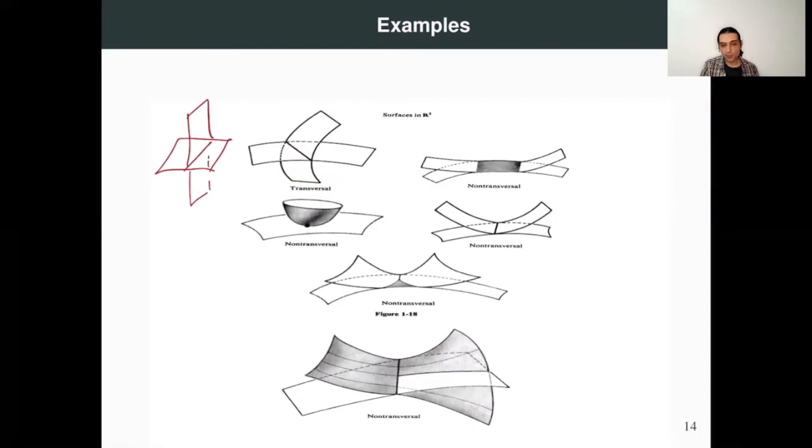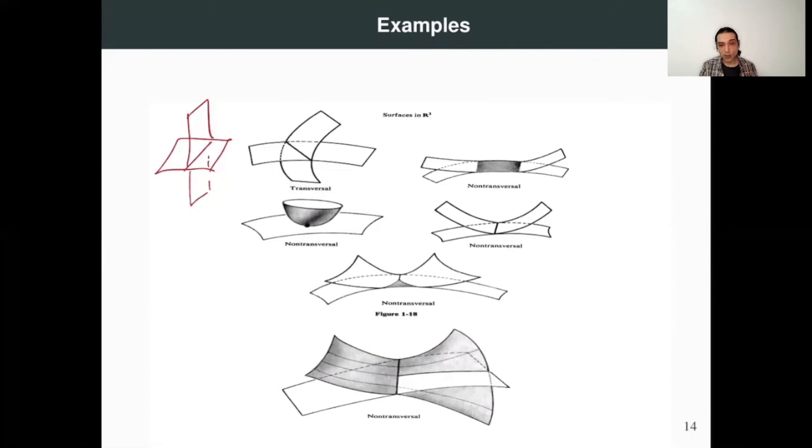What we have to realize is that if we have two surfaces, the tangent spaces to the surfaces are linear subspaces of dimension 2, and the unique way in which two linear subspaces of dimension 2 can have a sum that is not R3 is if they are the same.